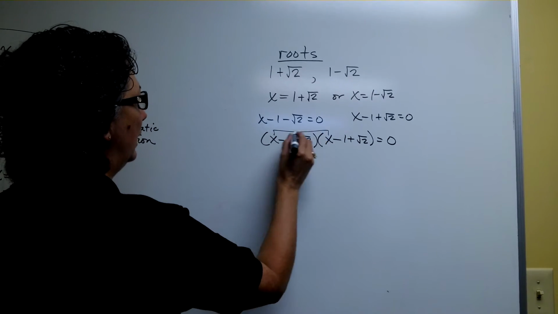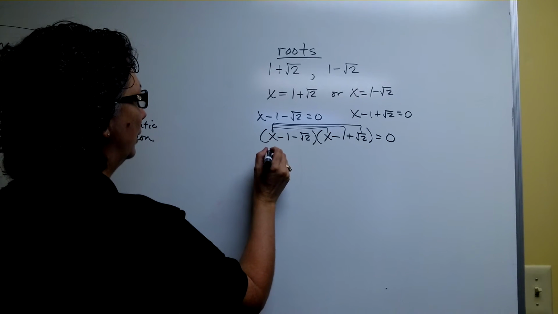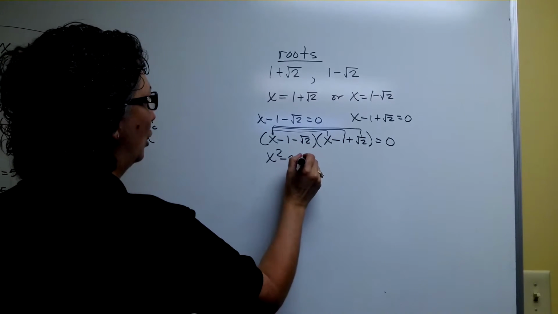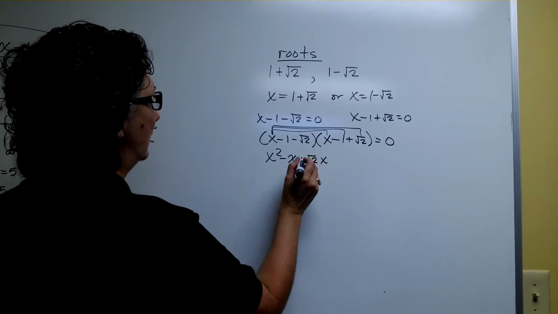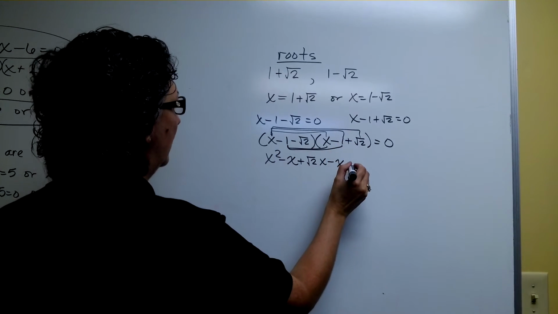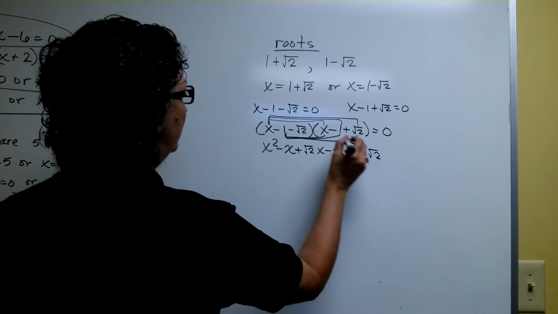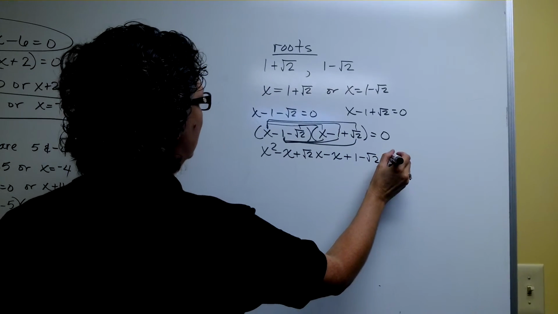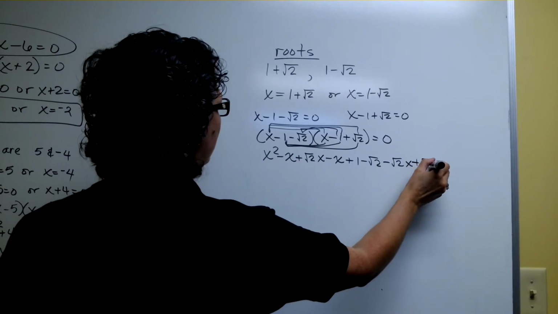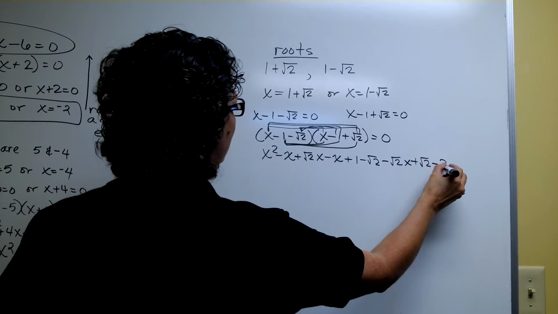Even though we've got 3 terms in each one, we're still going to distribute. So we've got x squared minus x plus the square root of 2 times x, minus x plus 1 minus the square root of 2, minus the square root of 2x plus the square root of 2 minus 2.